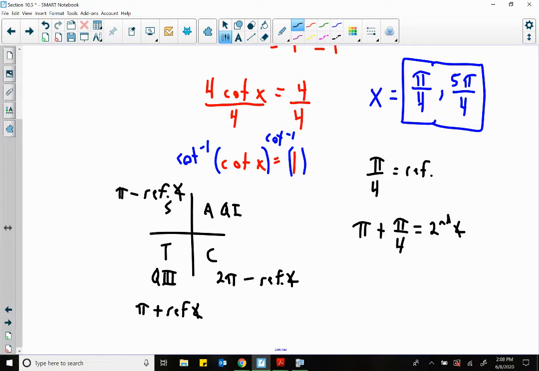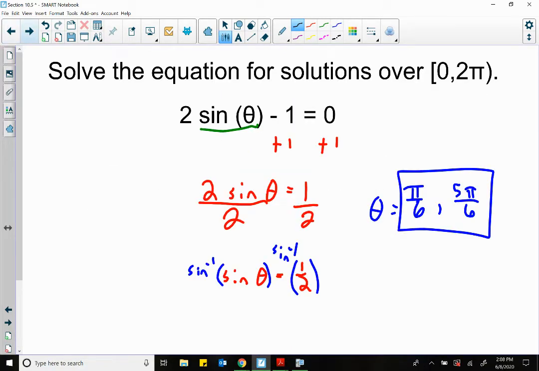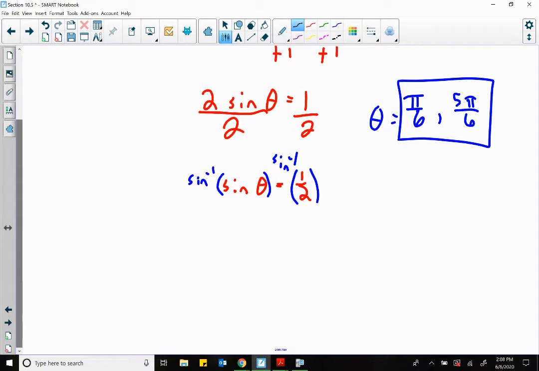If we go back and look at this one, we want to know when sine is positive. Sine is positive in quadrant 1 and quadrant 2, because that's what the S stands for.